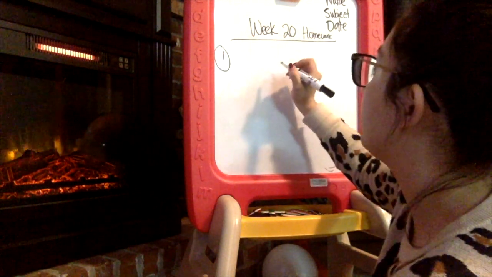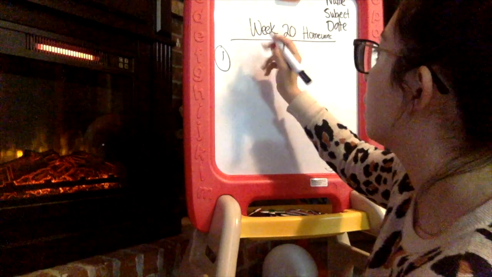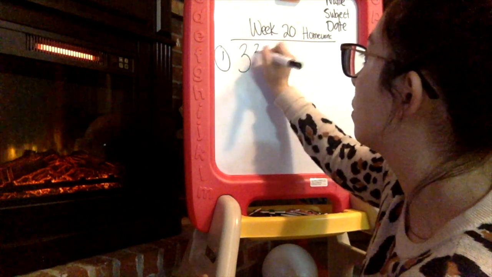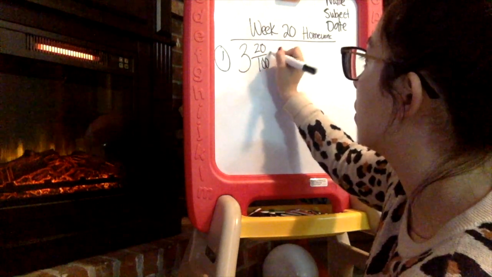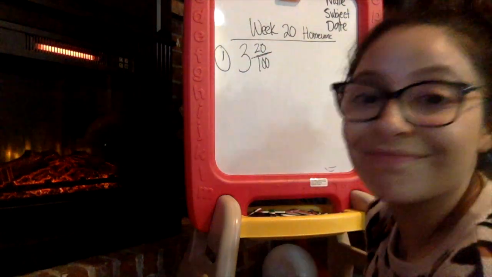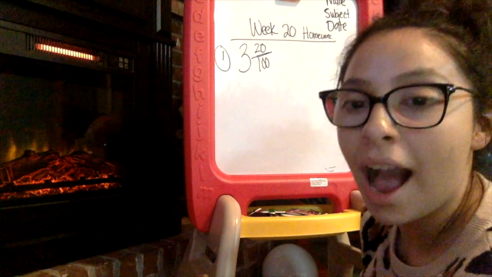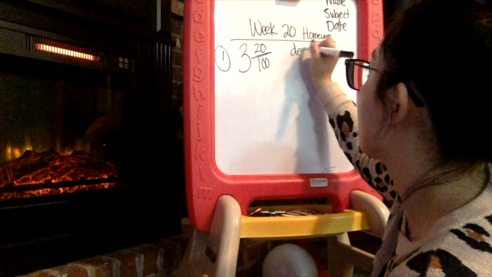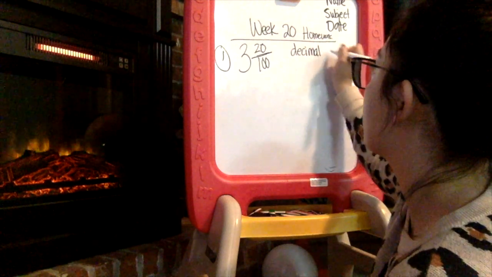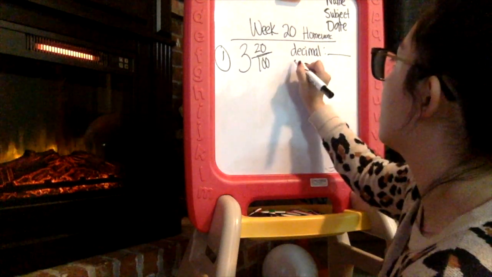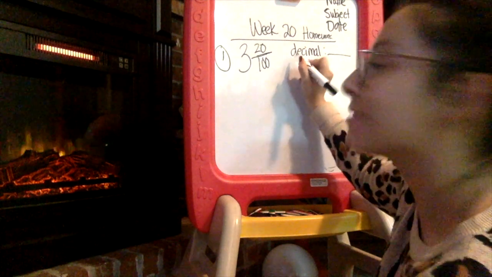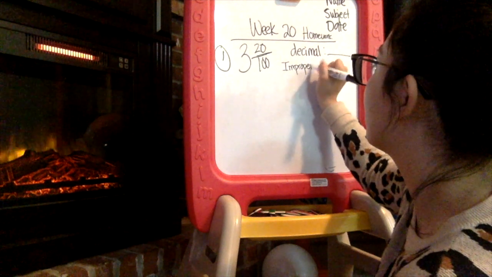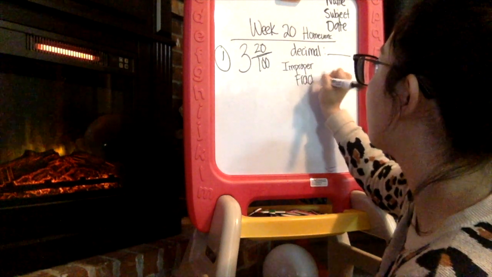Here's what you're going to do. You're going to write your number 1. If I give you 3 20/100, I want you to write it as a decimal and as an improper fraction.